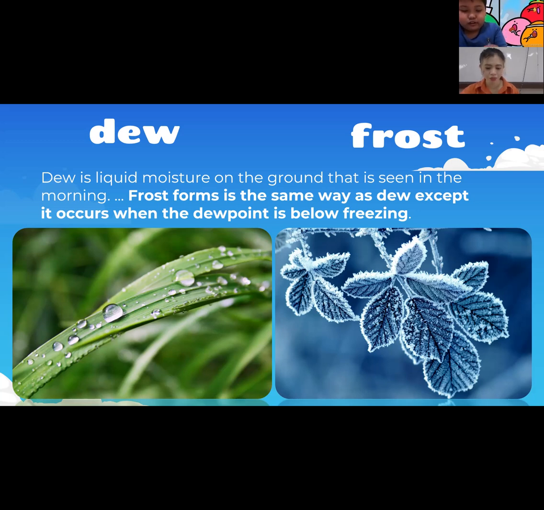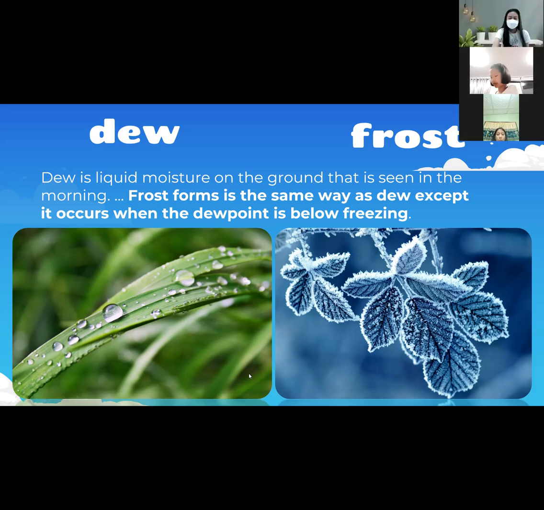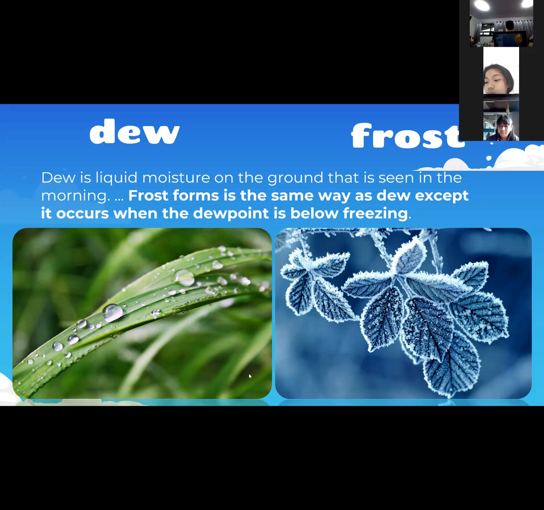Very good. So dew forms from condensation of water vapor. We usually see this during the night. At night, when the air near the ground cools down, the water vapor in it condenses into water droplets on grass and leaves near the ground.